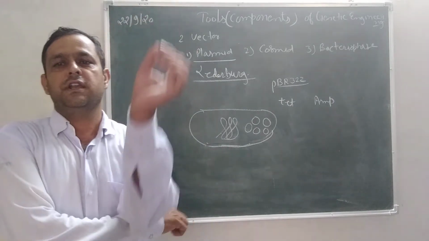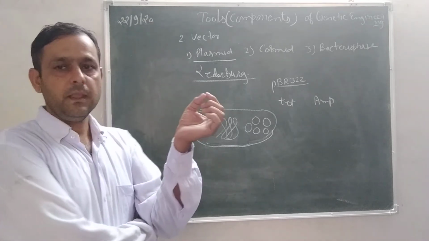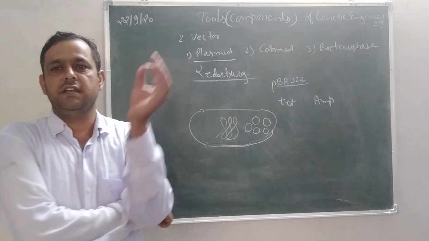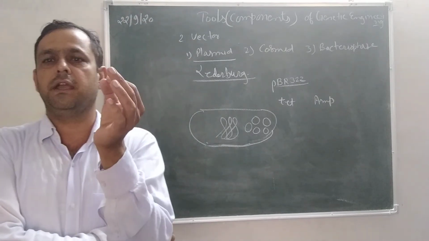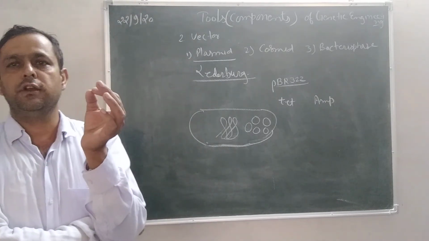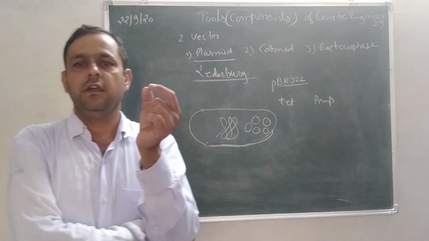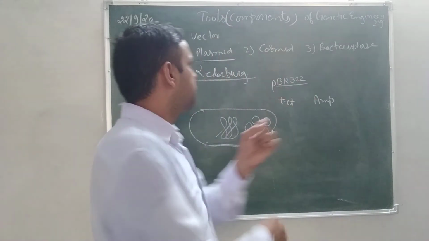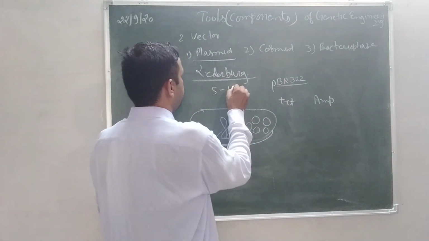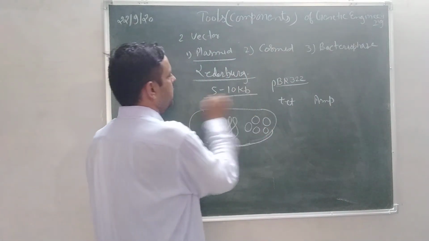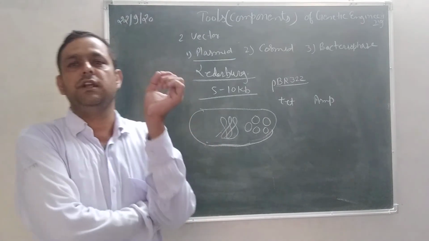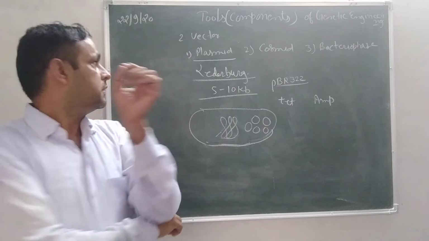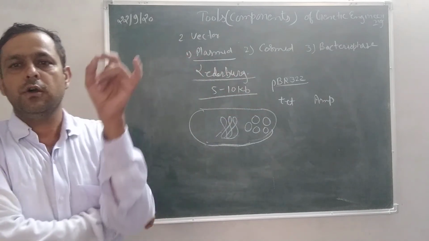First of all, the restriction enzyme we studied earlier cuts the plasmid to make it linear to integrate the desired gene. After that, the desired DNA fragment of approximately 5 to 10 kb is integrated in the plasmid, and kb means kilo base.